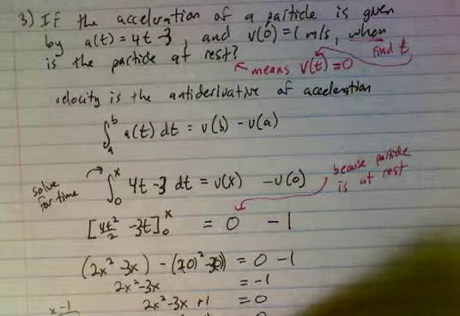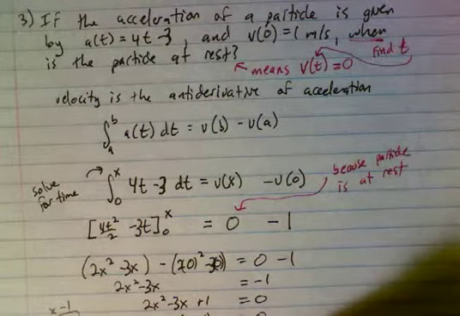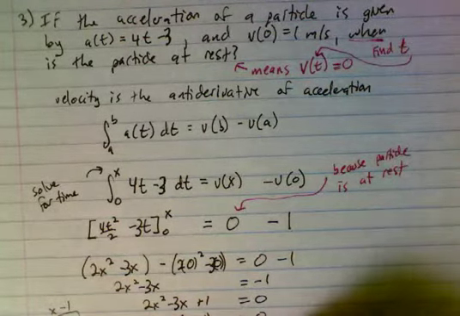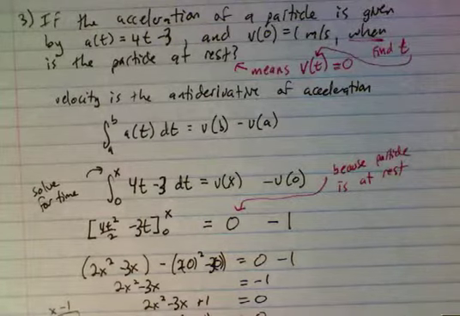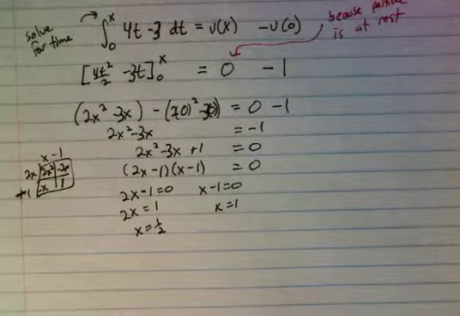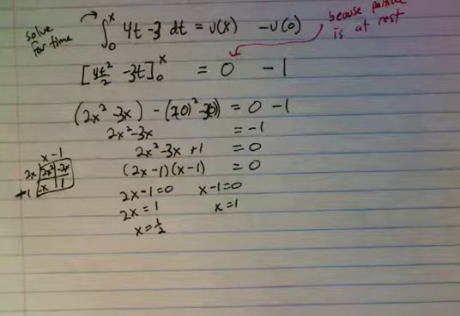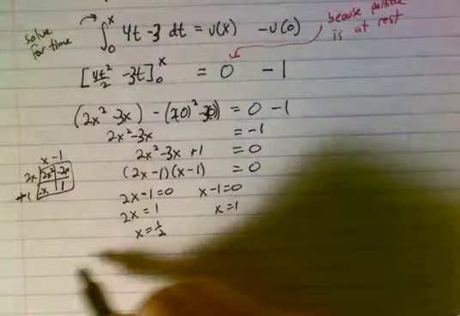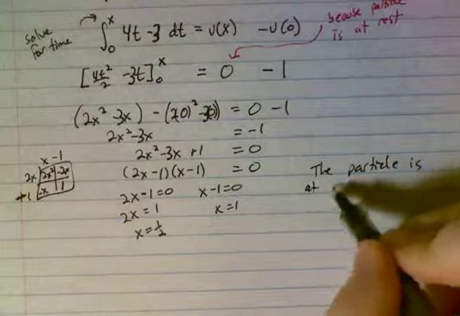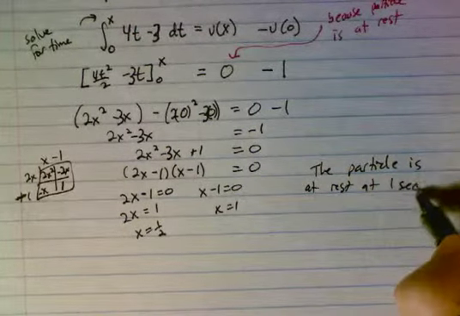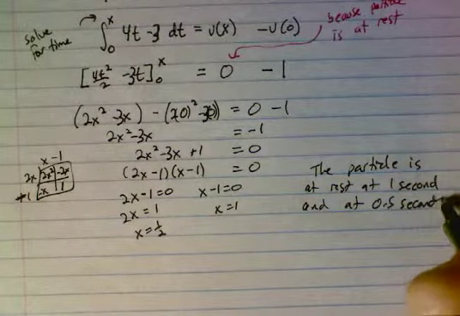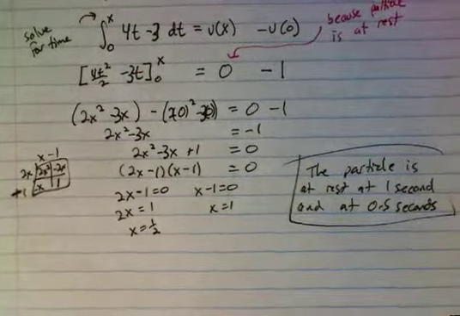So x equals 1, x equals 1 half. So what that means is the particle is at rest at 1 second and at 0.5 seconds, or a half second. Either way is fine.